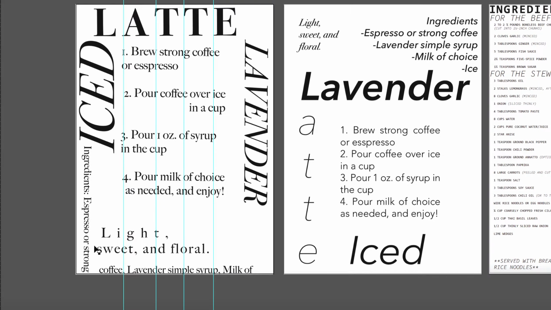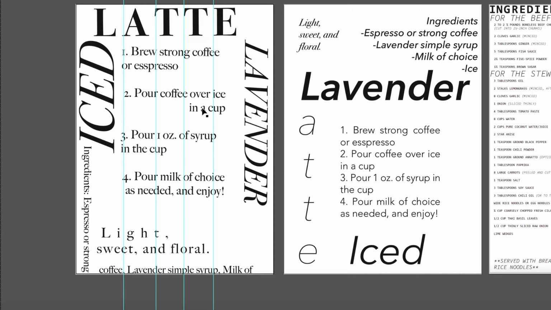Or if you want to create a more bolder difference between the two, this can be bold, this could be light, or this could be regular, this could be bold, but it's getting a little bit too difficult to read this part right here. So see if there's a way we can organize this a little bit better.